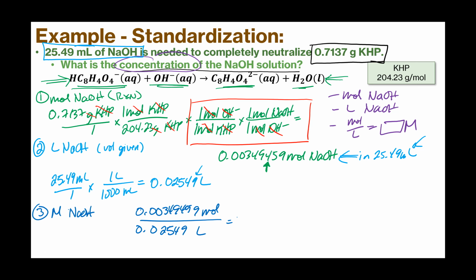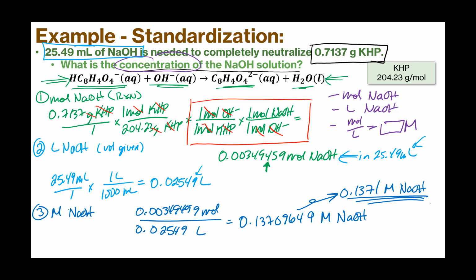So this sodium hydroxide concentration is 0.1370964 molar sodium hydroxide. To 4 significant figures, then this is 0.1371 molar sodium hydroxide.